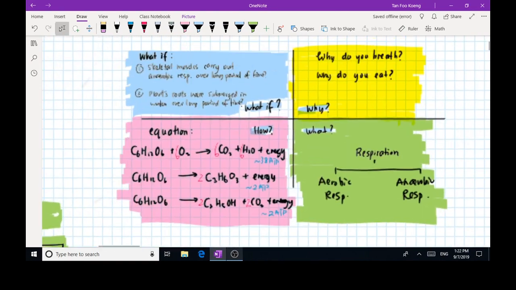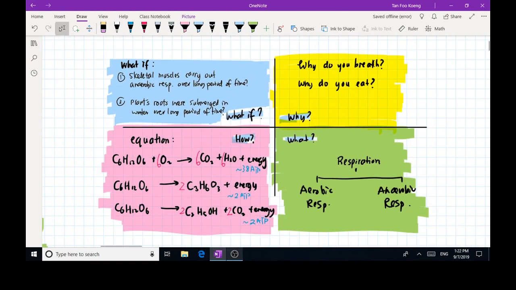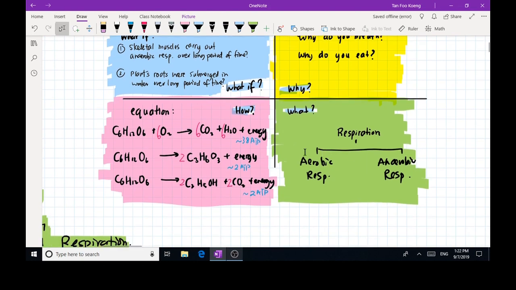Now let's recall. What do you want to breathe and what do you want to eat? You want to gain oxygen and you want to gain glucose, because you want to carry out respiration, the internal respiration especially. When you have a sufficient amount of oxygen, we carry out aerobic respiration to produce CO2, water, and a lot of energy. This energy is necessary to keep the body moving, to maintain the body, and for metabolic or physiological processes in the body.